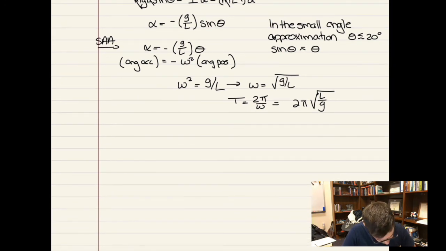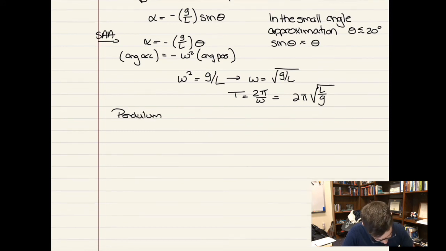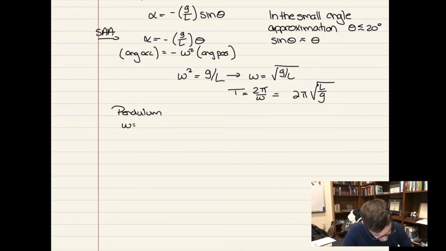Right, so for pendulums, you might see in your book that for the simple pendulum, the angular frequency is given by the square root of g over L. The period is given by 2 pi times the square root of L over g as a result.